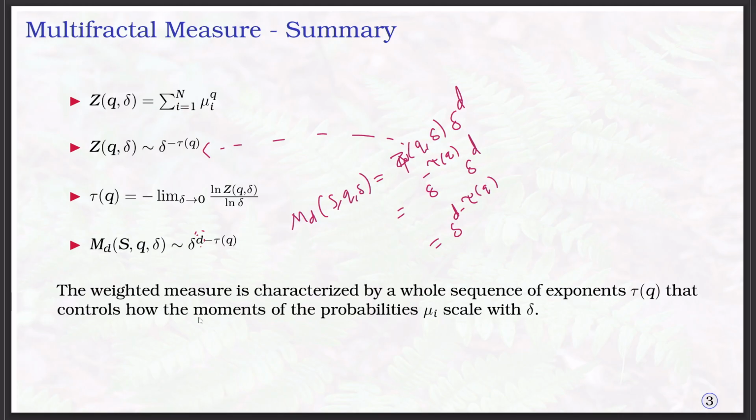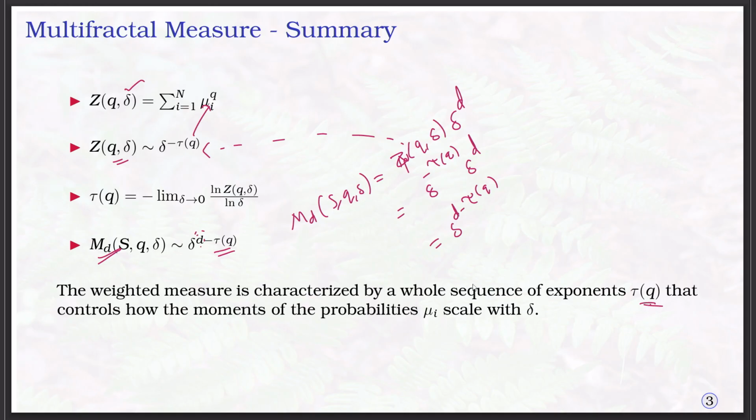The weighted measure is characterized by the whole exponent tau q. Based on tau q, we are characterizing the measure m_d. This tau q is based on the partition function and is related to the moment.